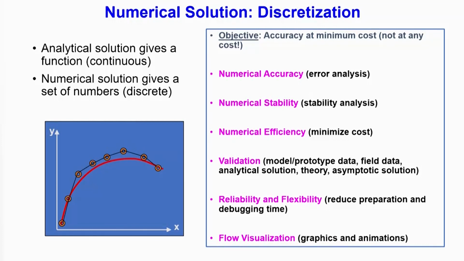Now, numerical solution is an abstraction of the original differential equation, where you are not attempting to solve the equation at all points, but at some selected discrete points. Breaking up your domain into a set of such discrete points is what is called discretization.